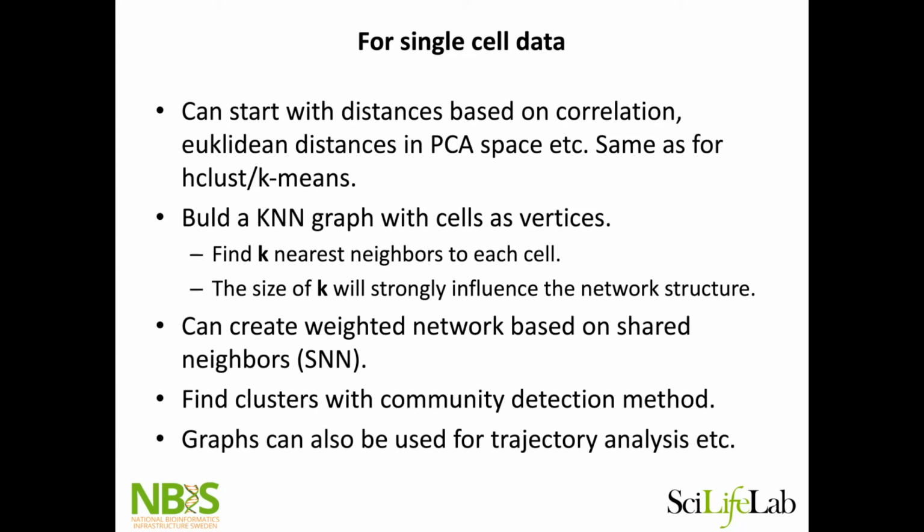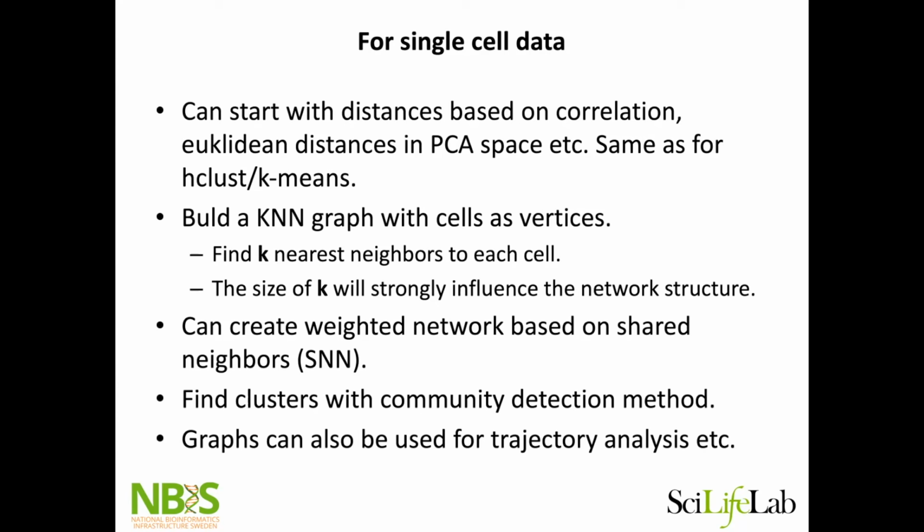Then we build a KNN graph with the cells as vertices. And the size of K will clearly influence the structure you have in your network. With very large K, you get very interconnected graphs. It might just end up as a big blob if you start increasing K too much.